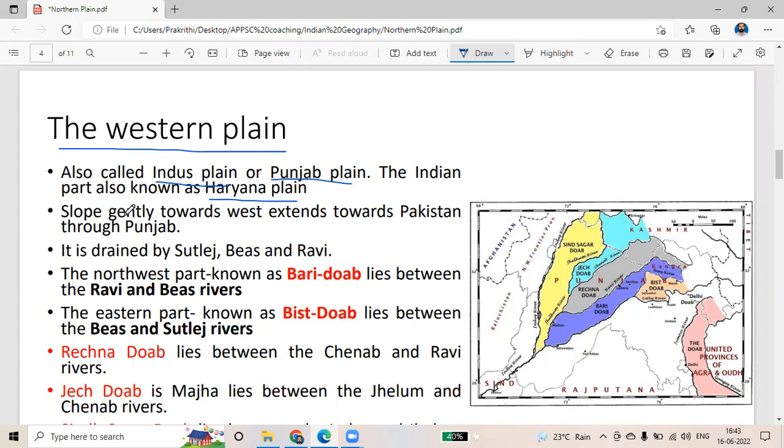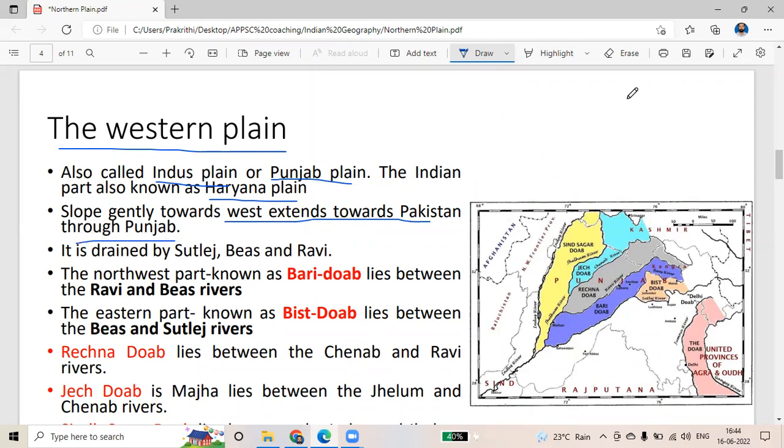So it can be termed the Indus plain, the Punjab plain, or the Haryana plain. It slopes gently towards the west, extending towards Pakistan through Punjab.